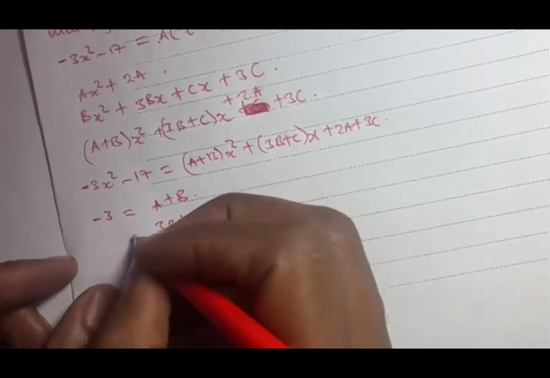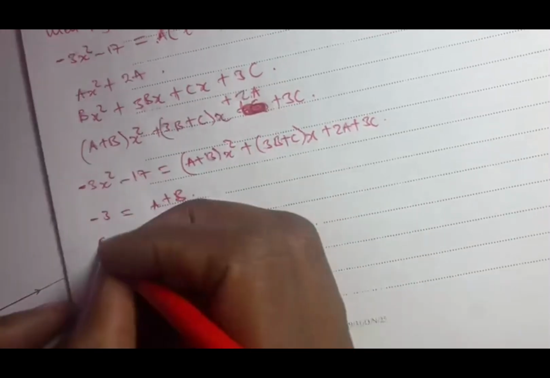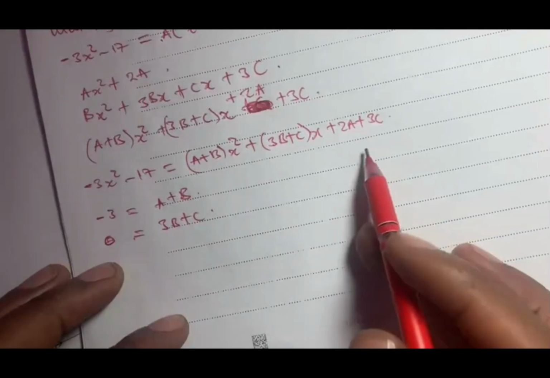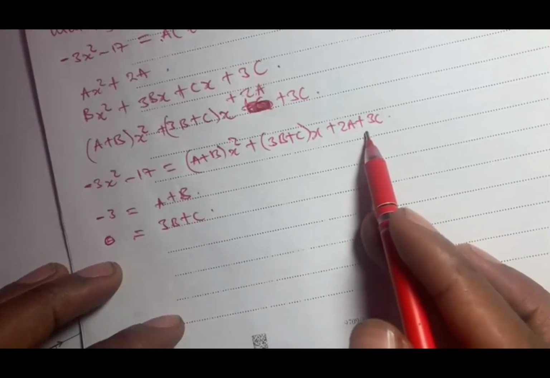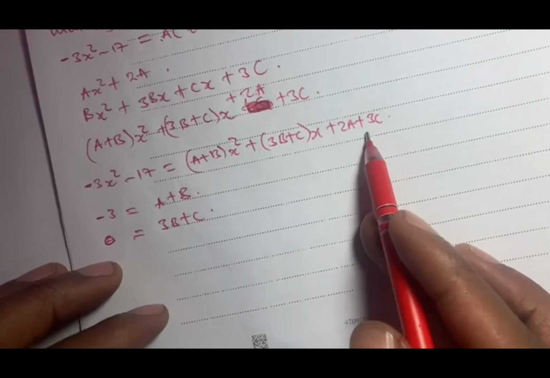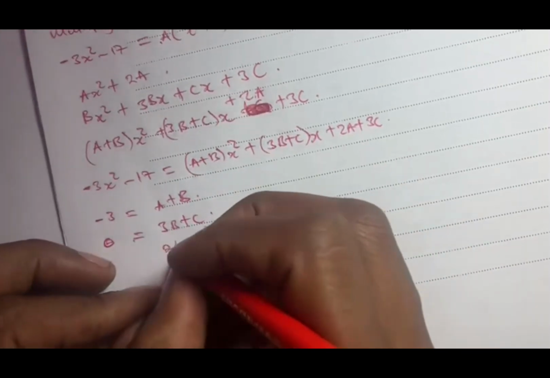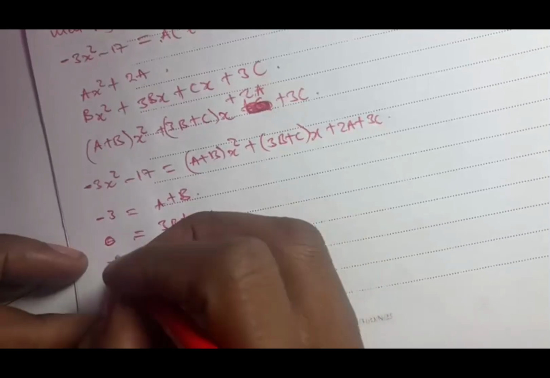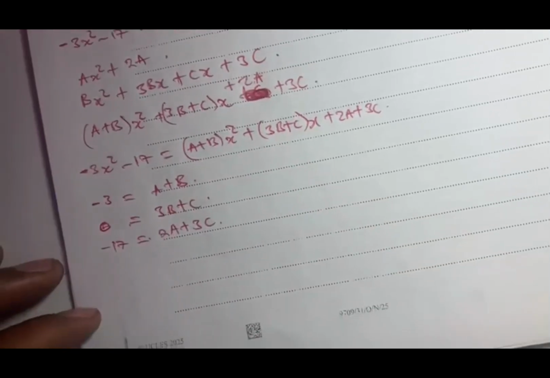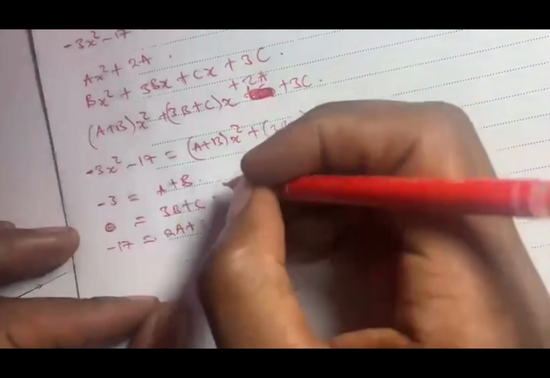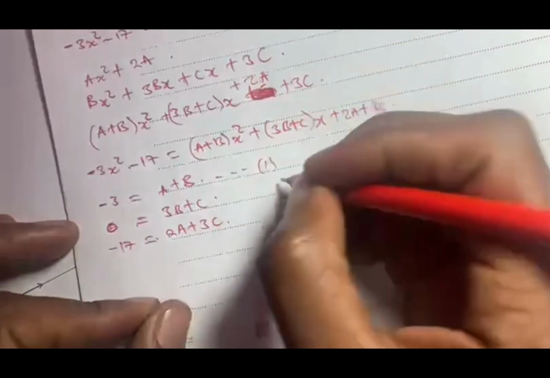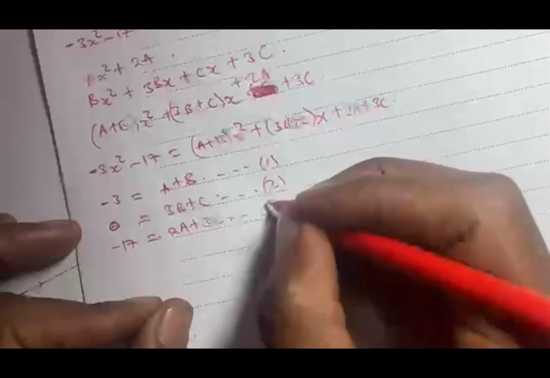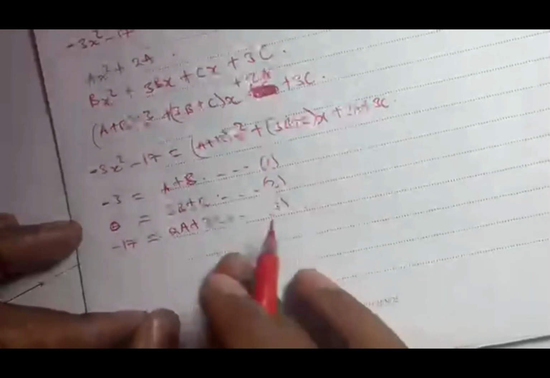The constant term gives 2a plus 3c is equal to minus 17. Those are the three equations that I have. So I'm going to solve them simultaneously.